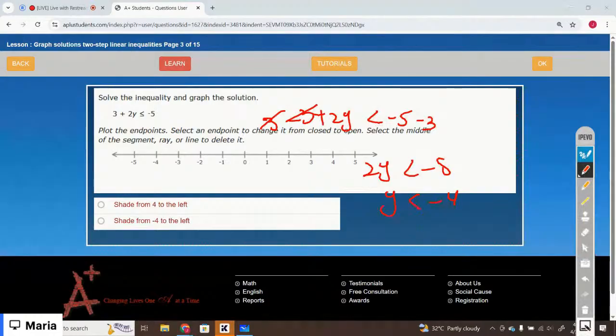Shade from negative 4 to the left. Option number 2 is the correct option.